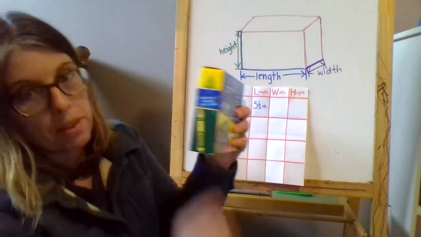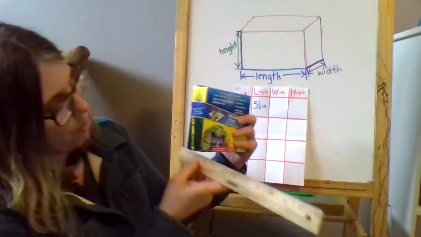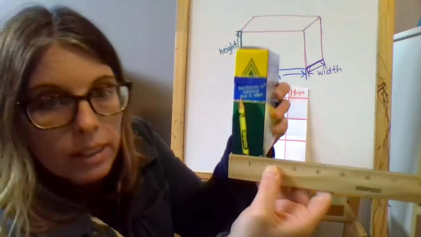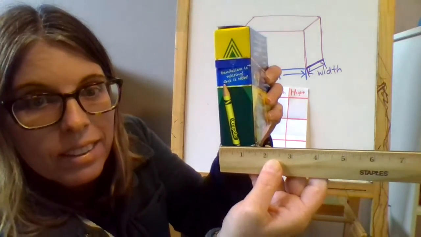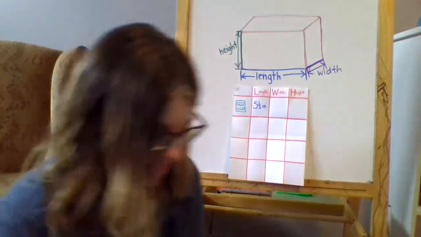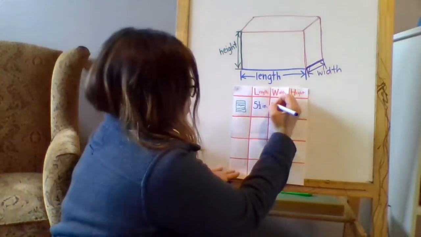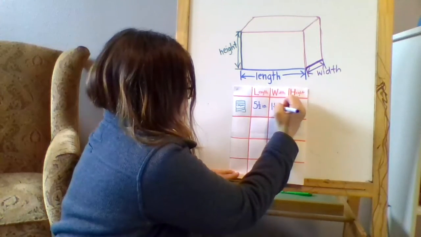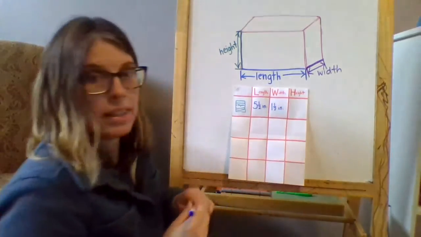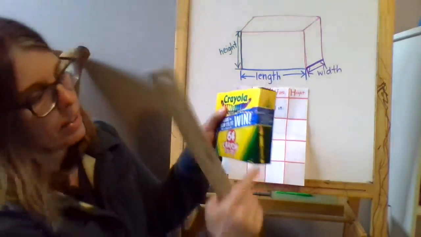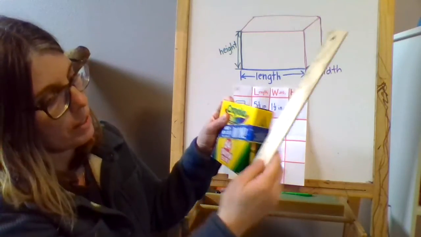The width. This is the width. Let's see what the width of this box is. You see what that is? 1.5. Okay, so 5.5 inches was the length. 1.5 inches is the width. Now we're ready to do the height. Okay, the height is how tall it is.